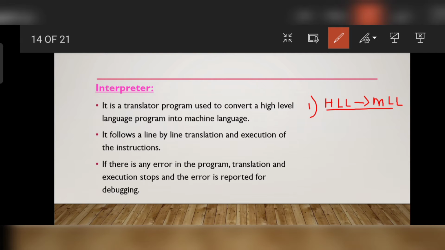Then the computer will execute this instruction.